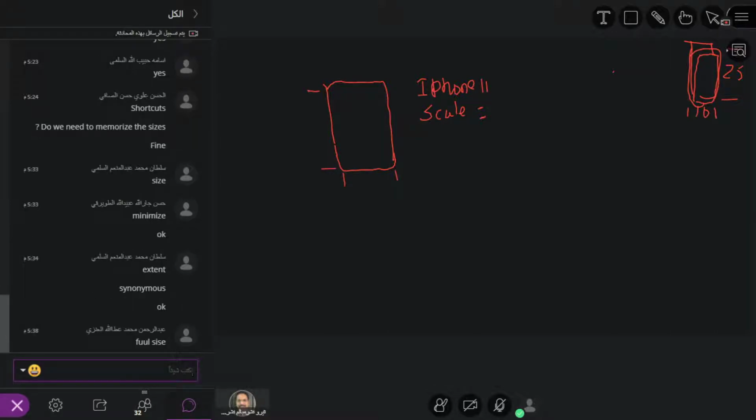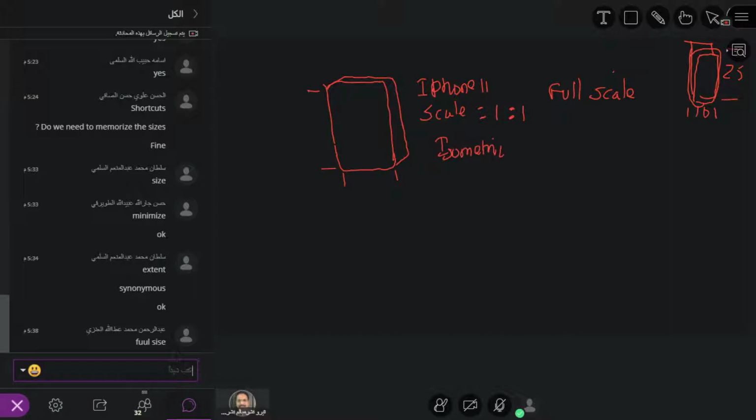Full scale, correct. So this is 1:1. This is full scale because I can put it on an A3 paper and draw it like this. Because it has three dimensions, this will be an isometric view.